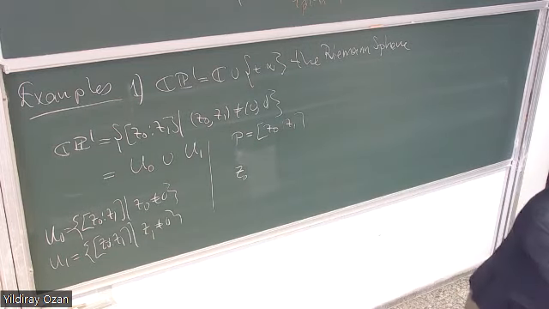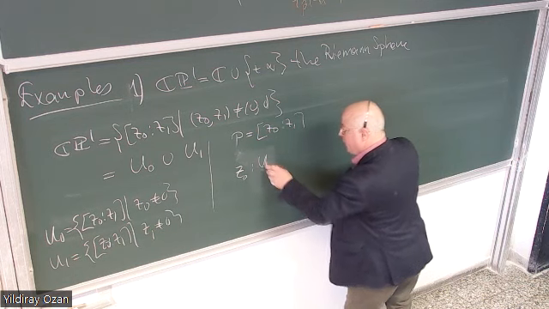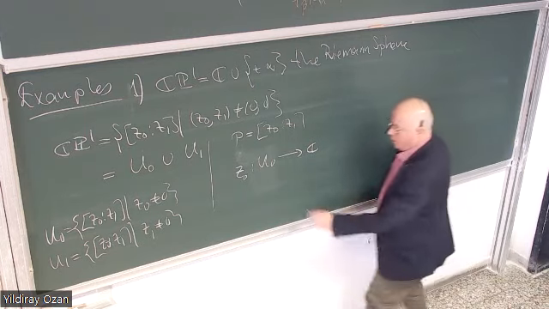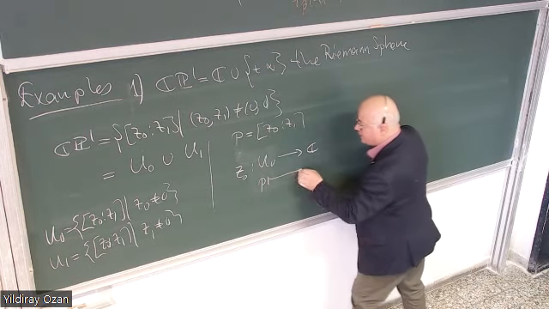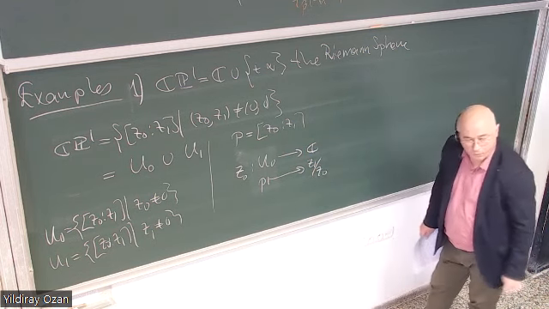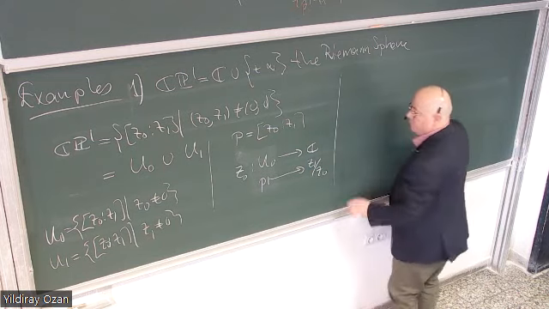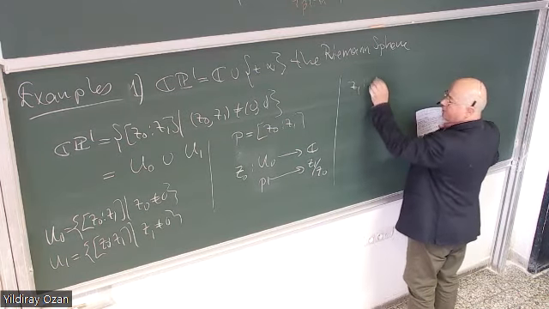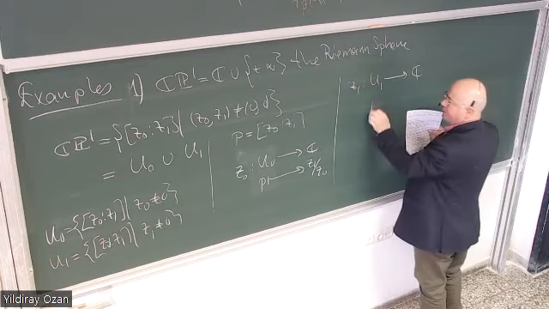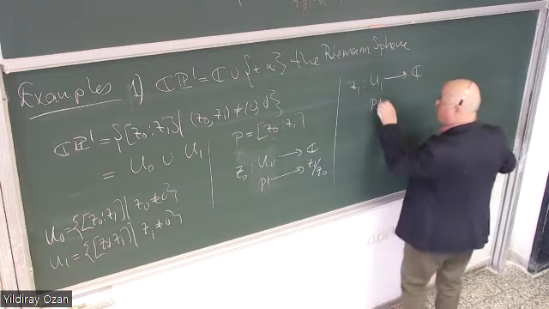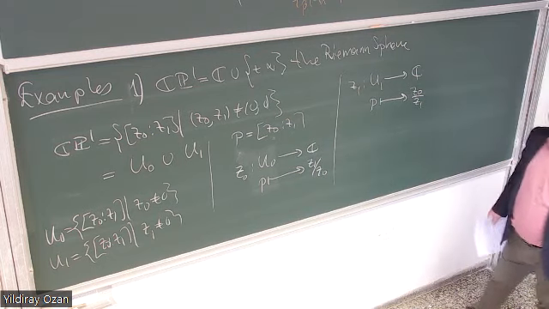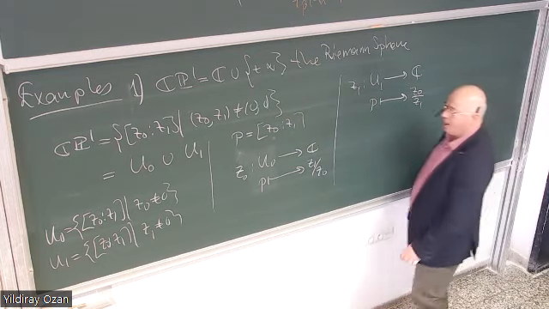I regard this as a function defined from U0 that maps to C. It takes this point P and sends it to Z1 over Z0. Z1 I regard as a function from U1 into C, and it sends this pair of homogeneous coordinates to Z0 over Z1.